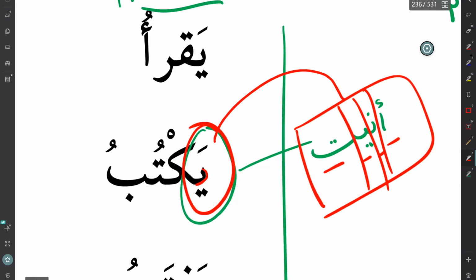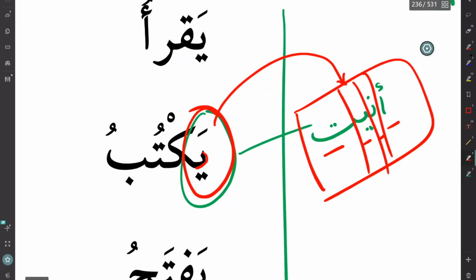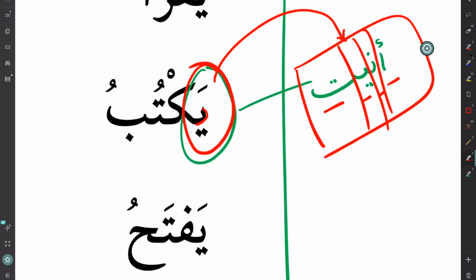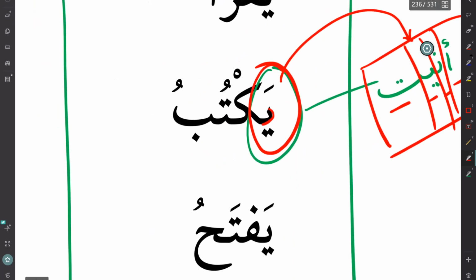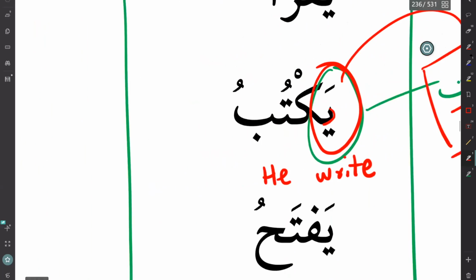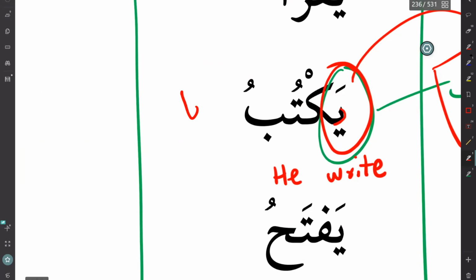And as you can see, the ya is here. We also have seen how to use ta, because for example, we have the verb yaktubu. We had this verb before. Yaktubu means he writes. So how do we say she writes? We can say taktubu.